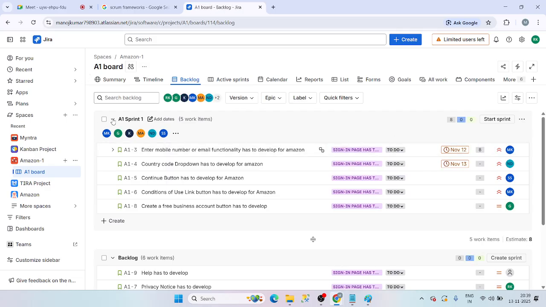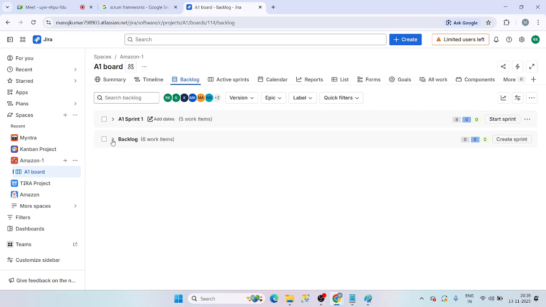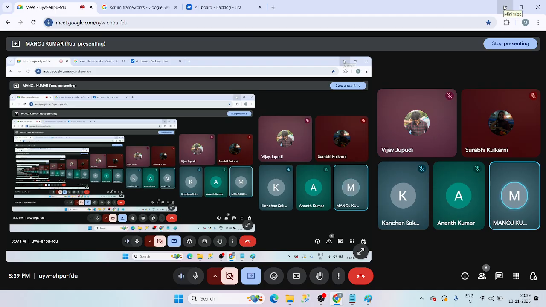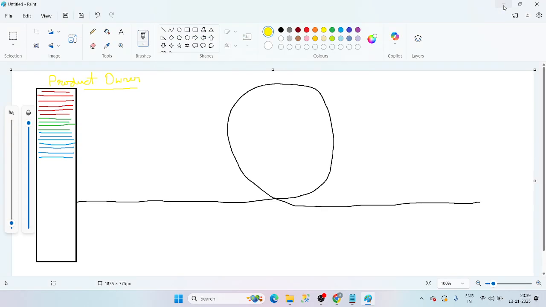Here we have two different types of backlogs. I will tell you all this. Give me a second. Kanchan, understood? Previously, who brought the requirements in waterfall methodology? Business analyst. But here, the product owner.